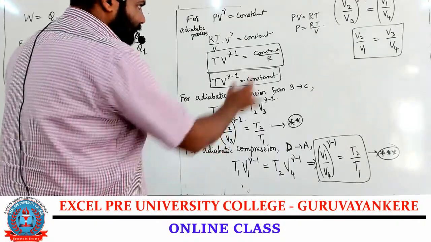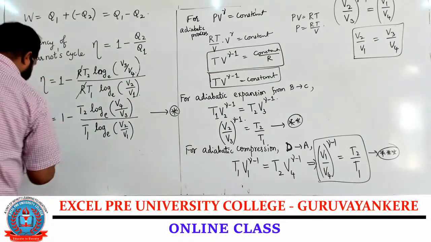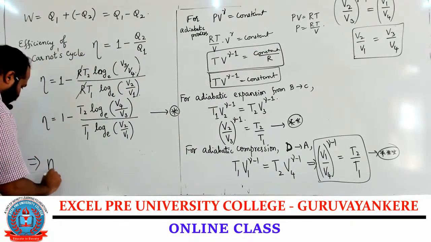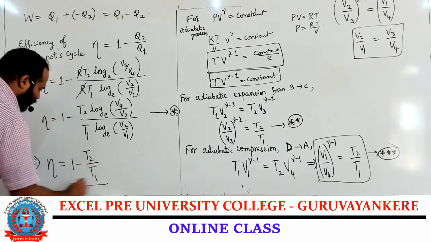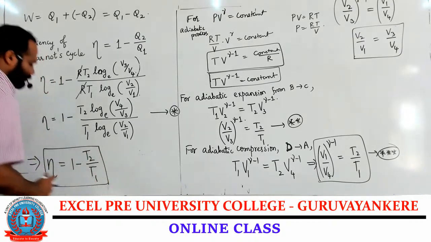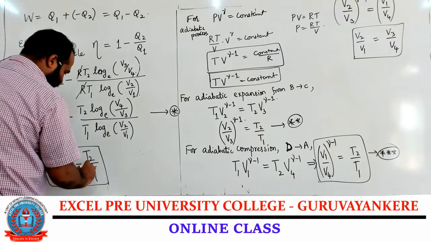So that implies the efficiency of the Carnot engine is 1 minus T2 by T1. Is that clear?